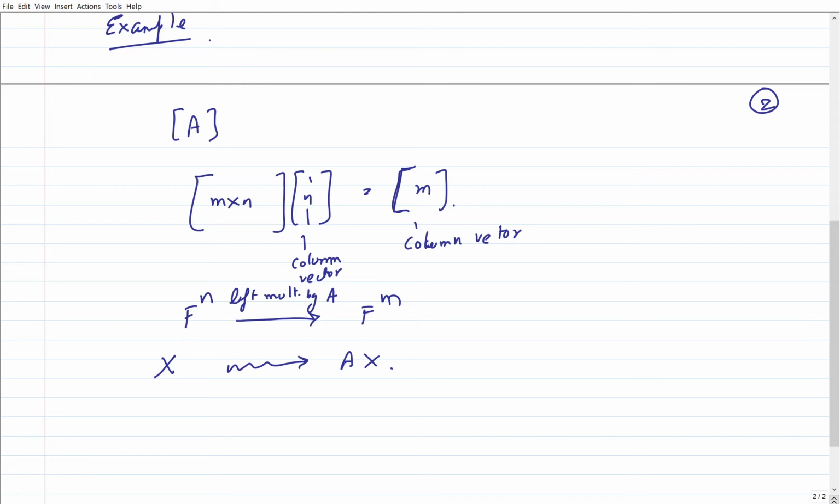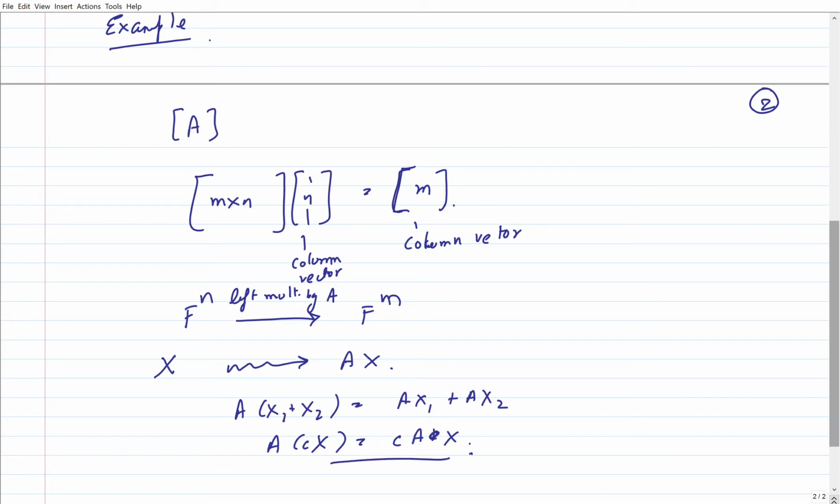Of course, you can certainly verify that this is true for matrix multiplications, and this is also most certainly true.